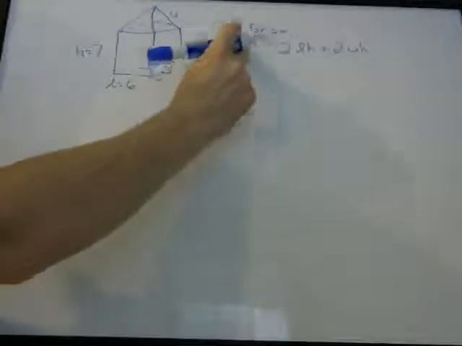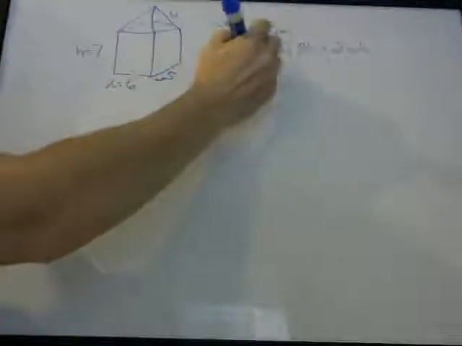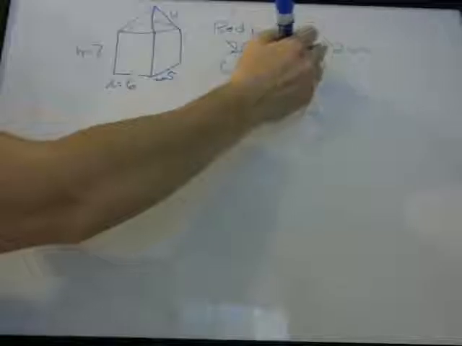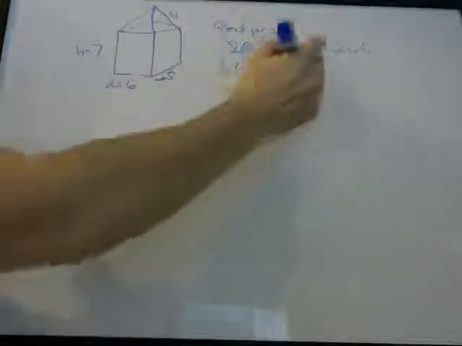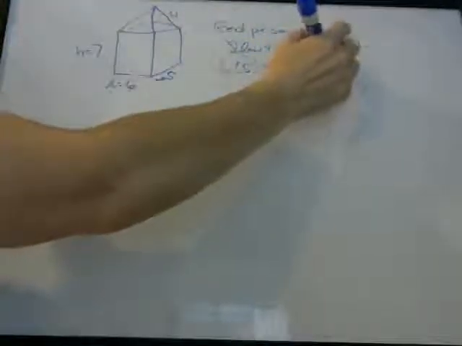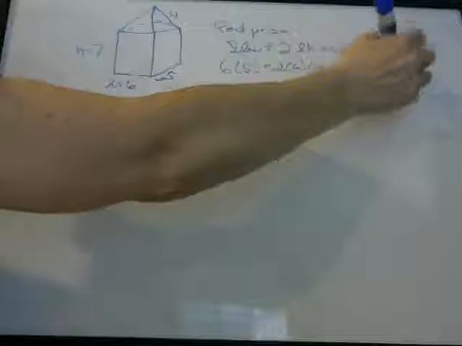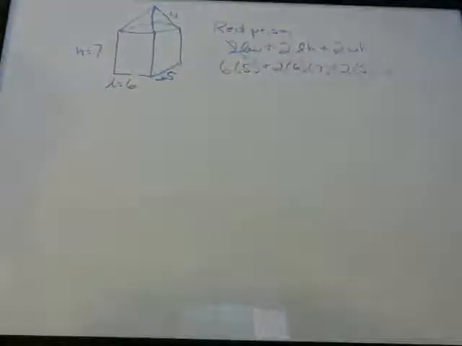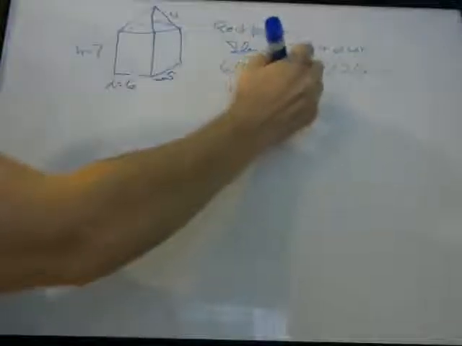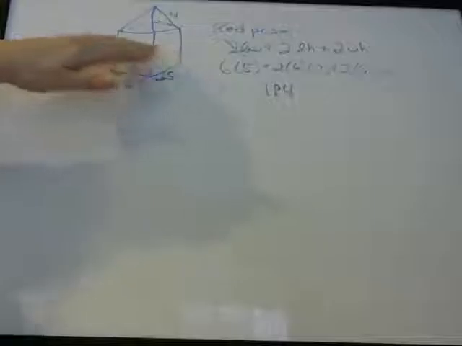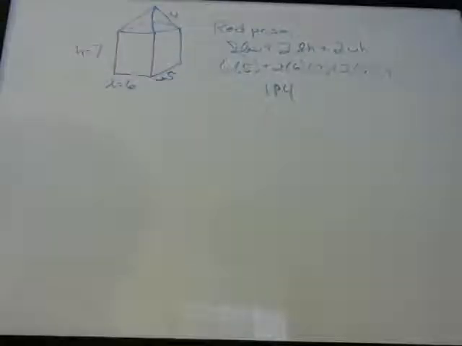So length times width, 6 times 5, plus 2, length times height, 6 times 7, plus 2, width times height, 5 times 7. So if you plug this in your calculator, you're going to get 184. That is the surface area of this rectangular prism, except for the top, because we don't need the top.